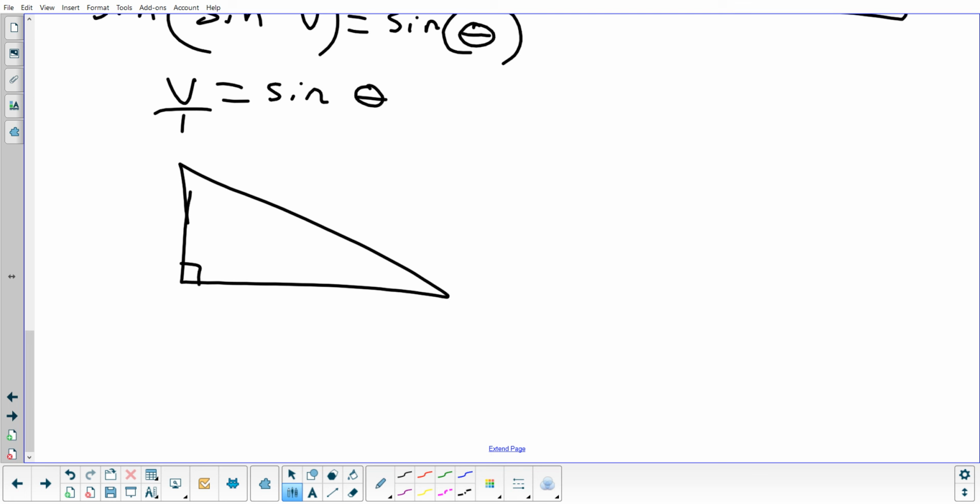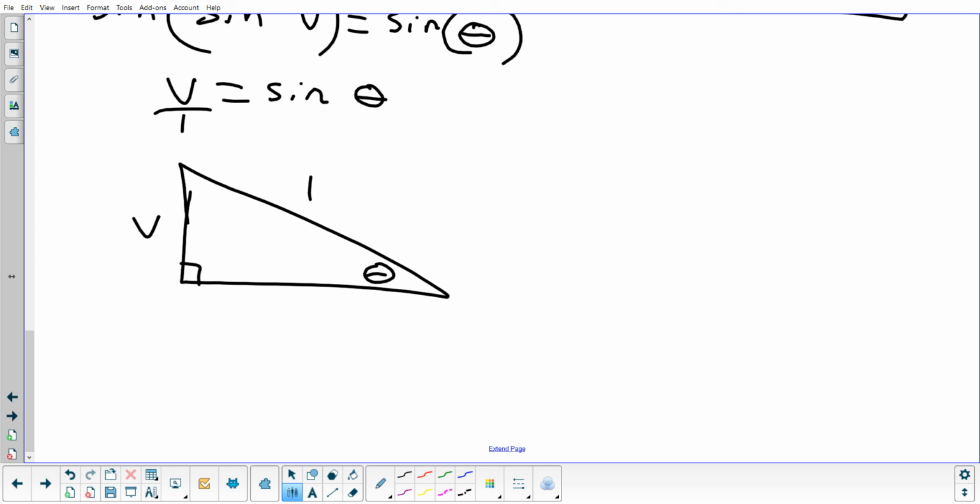It can't be the 90, but you can put the theta anywhere else. Just put it right there. They're telling me that the sine of theta equals v, and I put it over 1. So what two sides am I able to label in this diagram? The opposite and the hypotenuse. What is the opposite going to be? V. And the hypotenuse? 1.